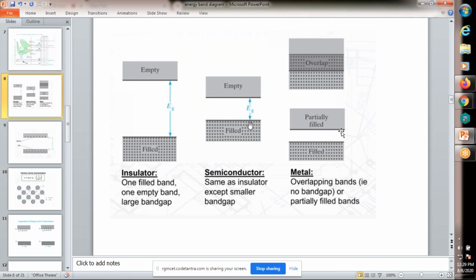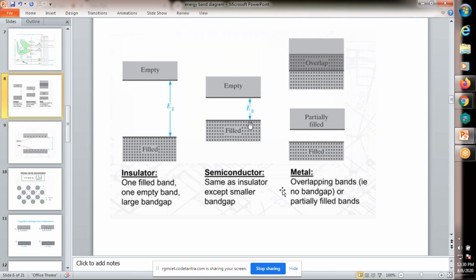In some metals there is a partially filled conduction band. In any case, the valency band is full and the conduction band is partially filled. Just by applying some temperature, greater than room temperature, the electrons easily jump into the conduction band in this type of metal.